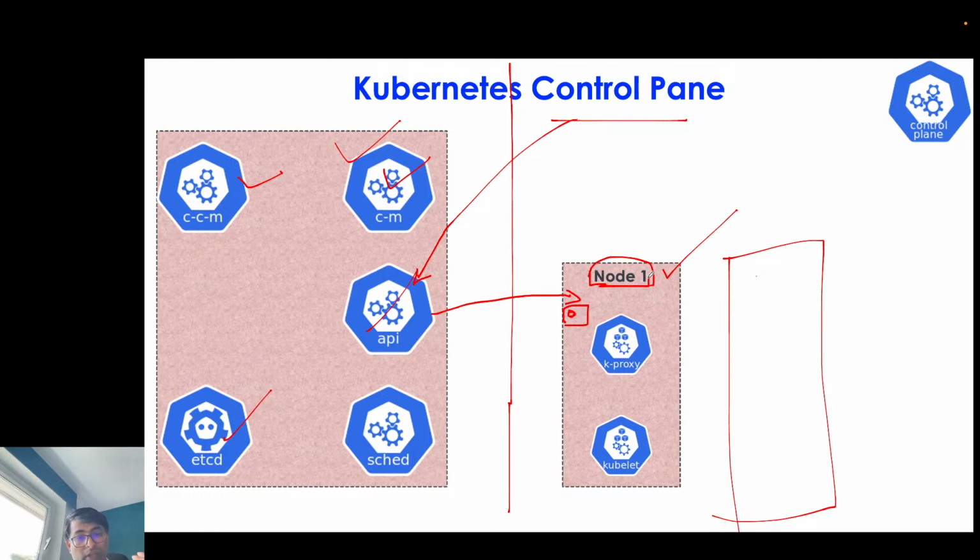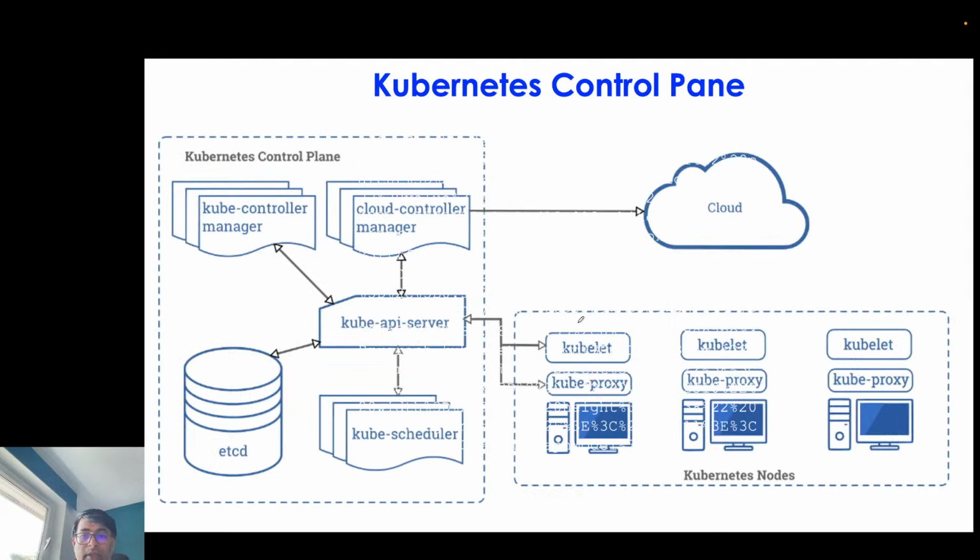How the request will flow: the request is forwarded to the API controller. The API controller will determine which node has capacity, and the containers will be created over there. Okay, so roughly, this is what the diagram looks like.